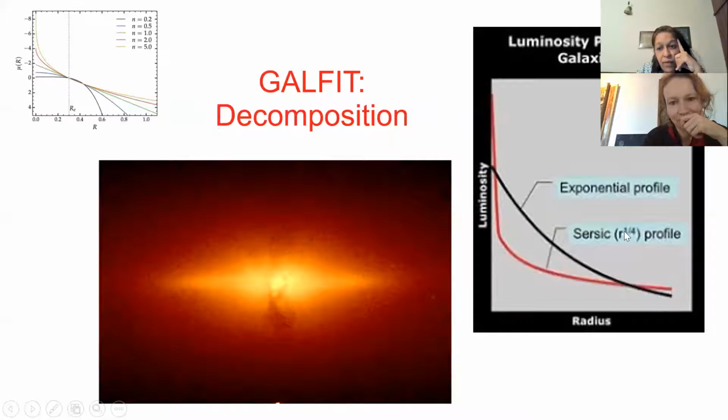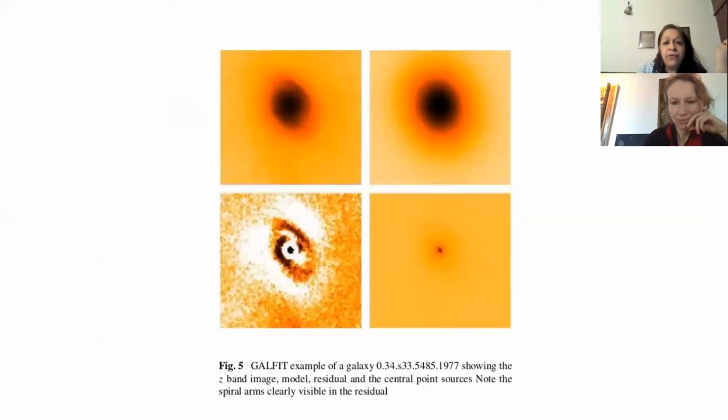If you have 1/4, this is called a de Vaucouleurs profile. So de Vaucouleurs is fitted to 1/4, and this is typically for elliptical galaxies, which get profiles of this kind. So you can get different profiles, but basically we decompose it so that we then get the properties of the host galaxy, right? And that's what we basically did.